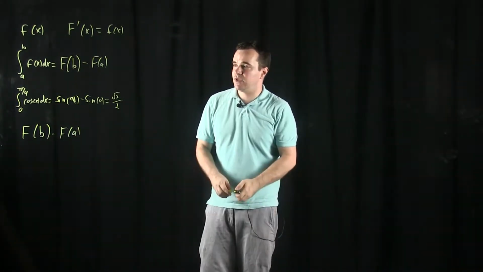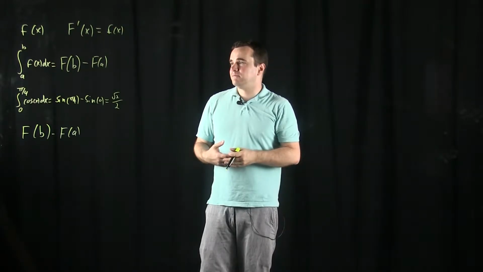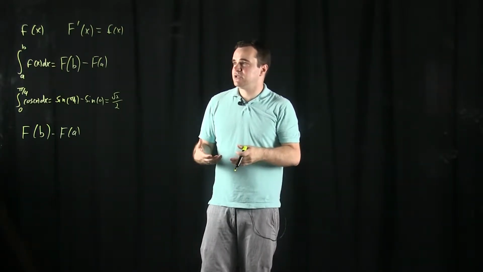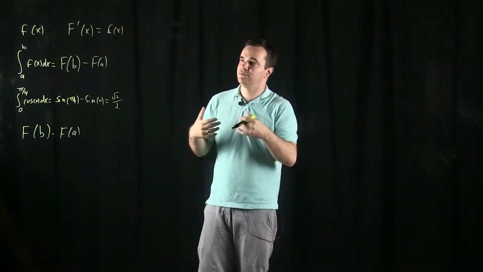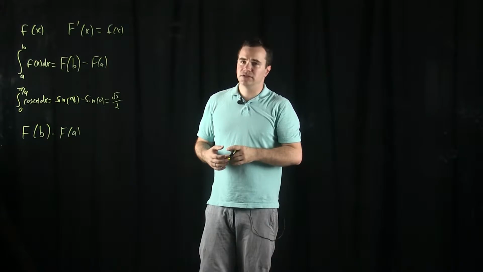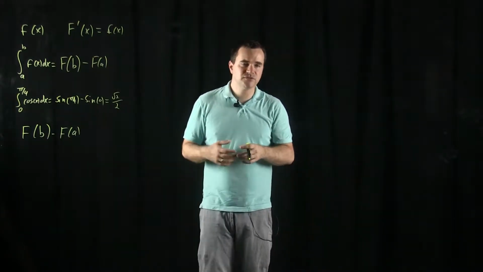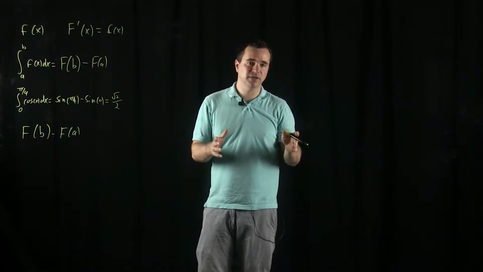And the way we're going to do that, if you think back to what that definition is, the definite integral is a limit of Riemann sums. So it's a limit of approximations to the signed area. And each Riemann sum requires a partition of the interval from a to b.